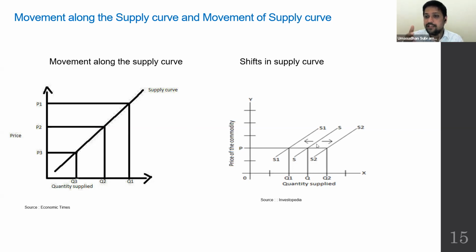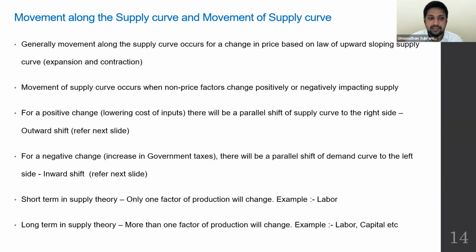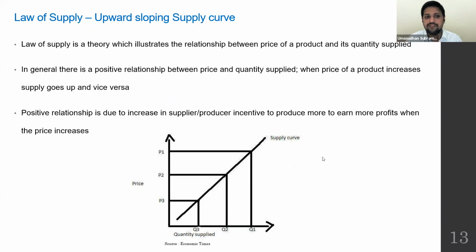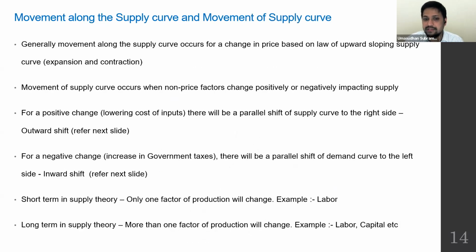So the supply curve will shift to the right when factors change positively, increasing the supply. If those factors change negatively, the supply will decrease and the supply curve will shift to the left. And again, this is the law of supply. We talk about a positive relationship between price and quantity supplied because the objective of suppliers is profit maximization.